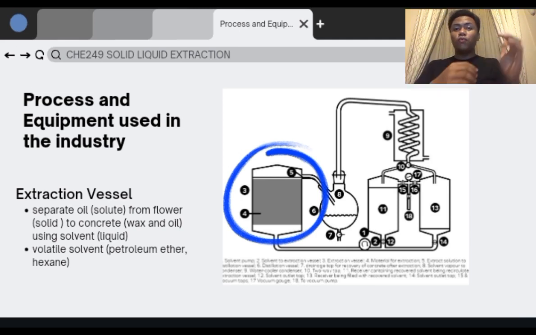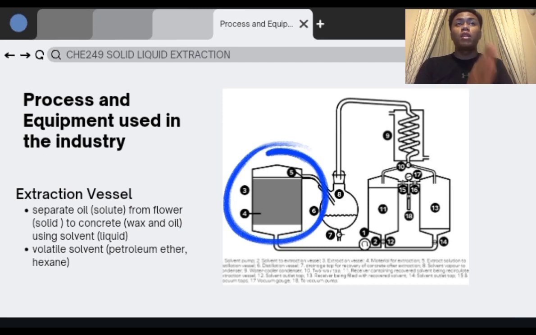The hose is to flow out the oil, while the solvent leftovers that are carried with the oil will go back up through a cooler, where we can see there is a rotation. The outside layer is the coolant, and the rotation is the heat exchange process, cooling the solvent so it can be recycled back to the extraction vessel.